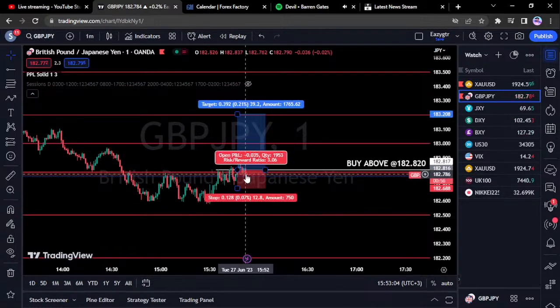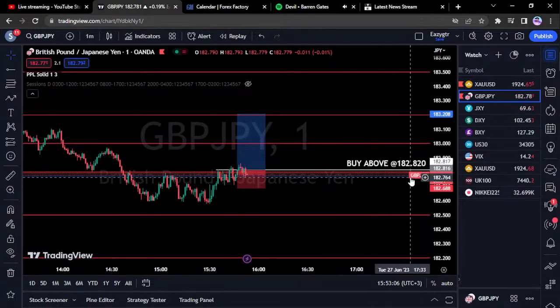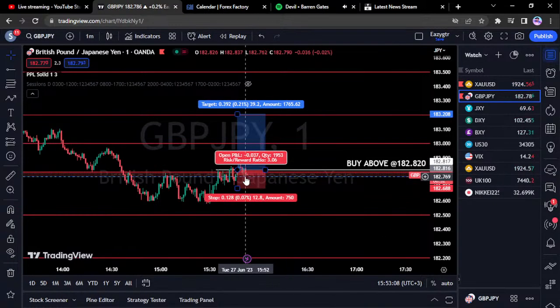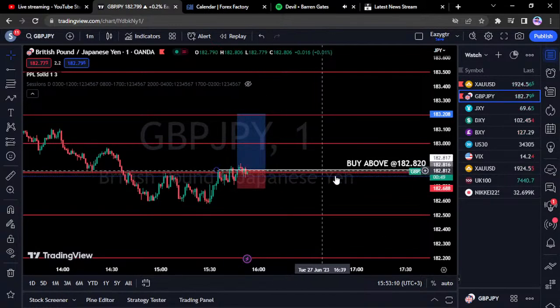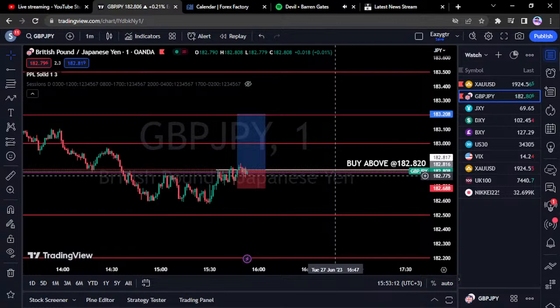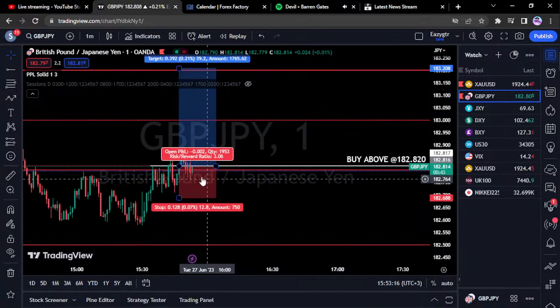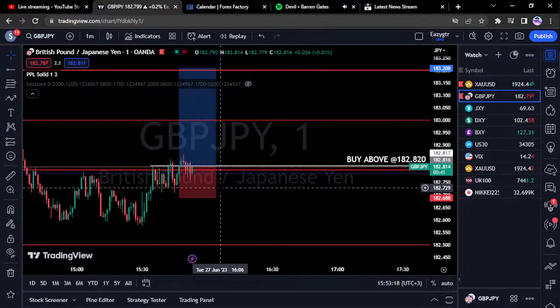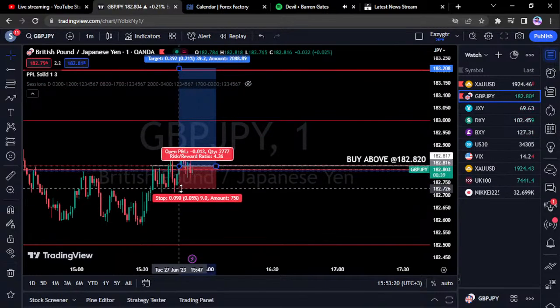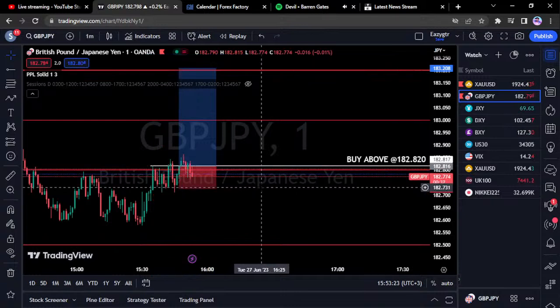So you're still not impulsively breaking 182.800, and in the event we drive and break this area, I'll close my full trade at minus 9 pips. So that's just the way I'm looking to manage that trade.